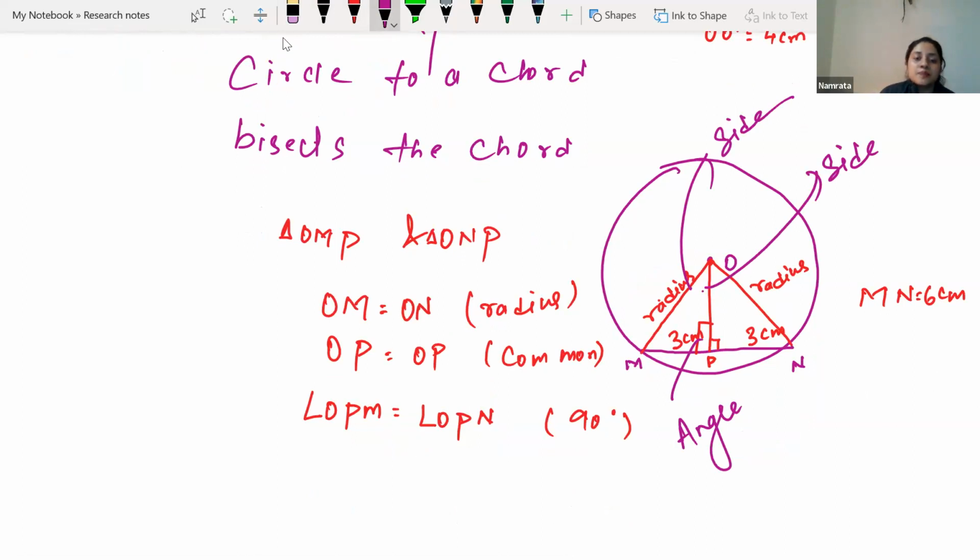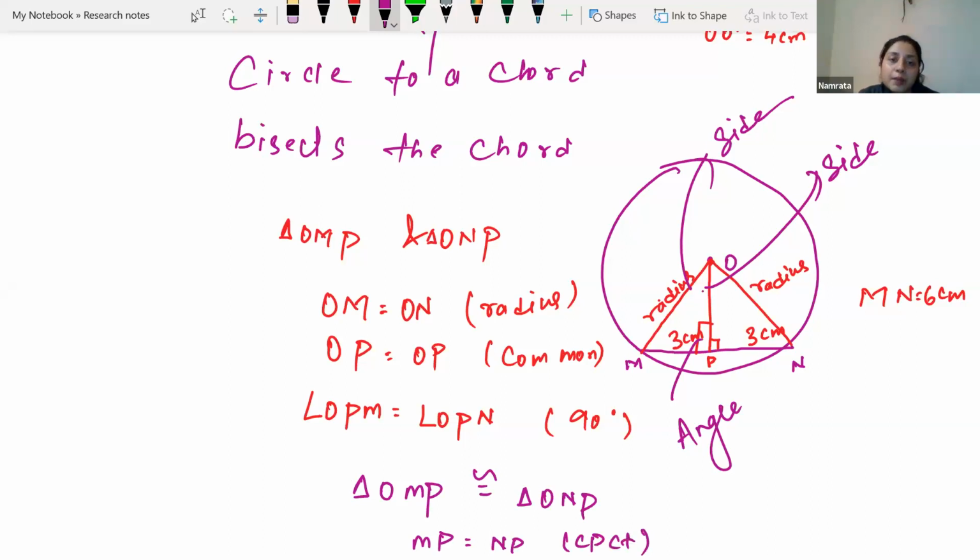So we can say that triangle OMP is congruent with triangle ONP. And once we have proved these two are congruent, we can say MP is equal to NP by CPCT, and hence our chord MN is getting bisected. This theorem only we are going to use in our question.